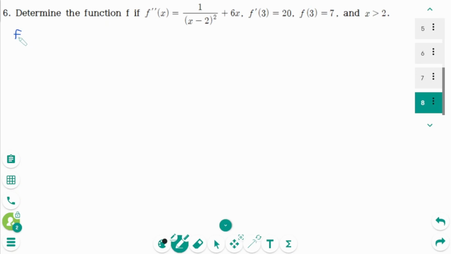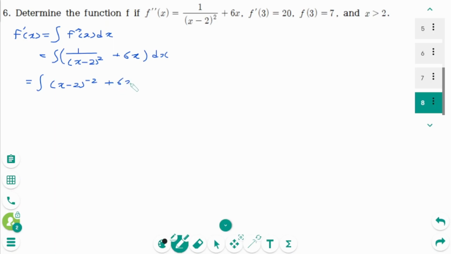This is the last one. F prime of x equals the integral of f second prime of x dx equals the integral of 1 over x minus 2 squared plus 6x dx, equals, make the power form, x minus 2 to the power of minus 2 plus 6x dx, equals, when you integrate x minus 2 to the power of minus 2, we don't need to use u substitution because the coefficient of x is 1, so just think of it as x.